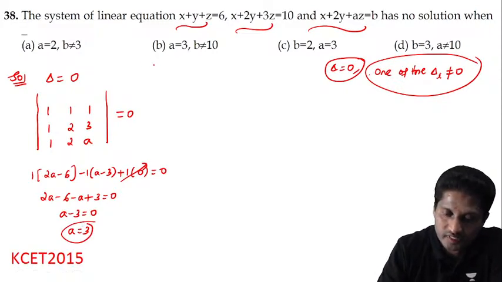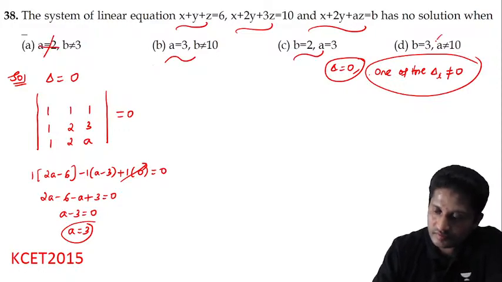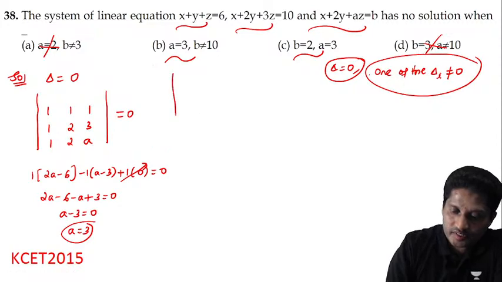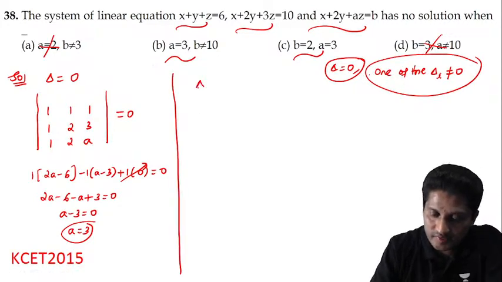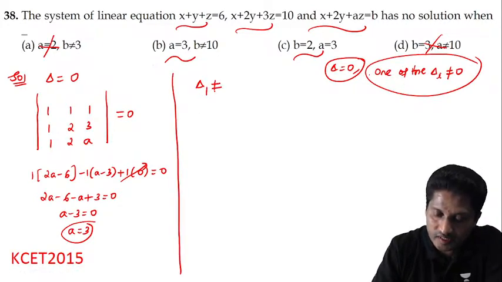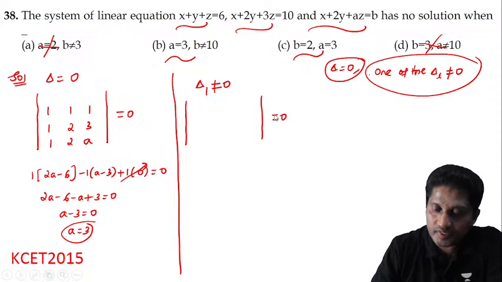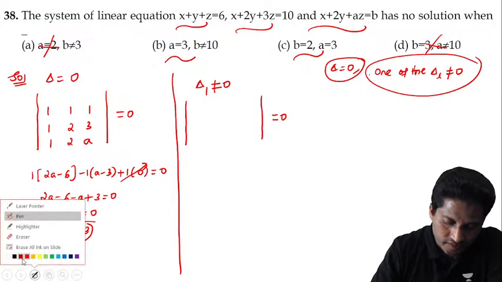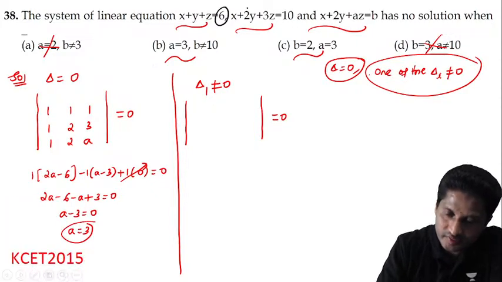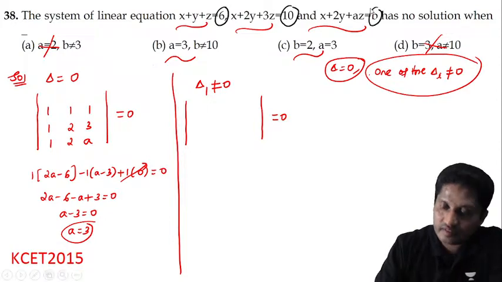You have two options, a equal to 3. This is ruled out. Delta should be 0, and at least one of the delta i should not be 0. Let's say delta 1 not equal to 0. Delta 1 means replace the first column by the scalars, that is replaced by 6, n and b.